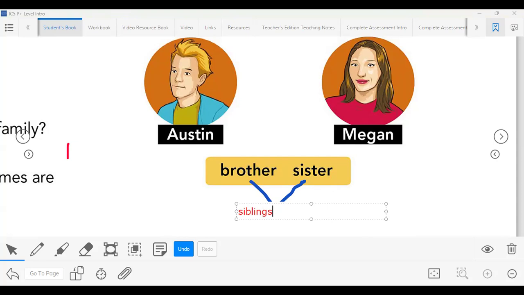All of them are girls. But if I said, I have 2 brothers, both are boys. But if I have 1 sister, 2 brothers, they are combined, right? So that is the way that I can include both. Doesn't matter if they are boys or girls. Okay? Siblings.